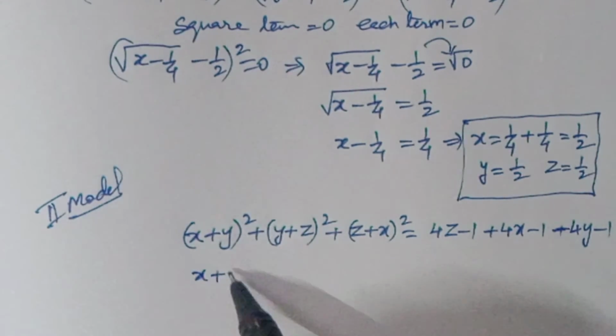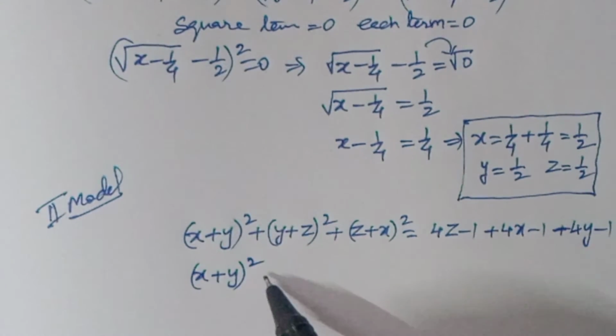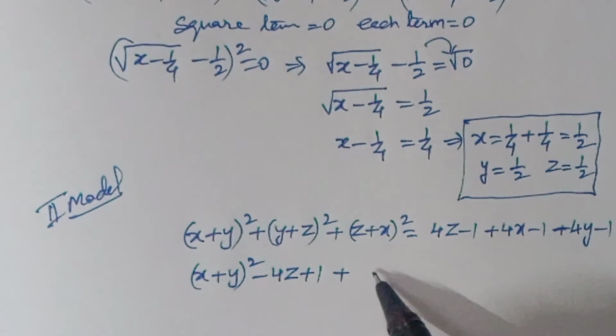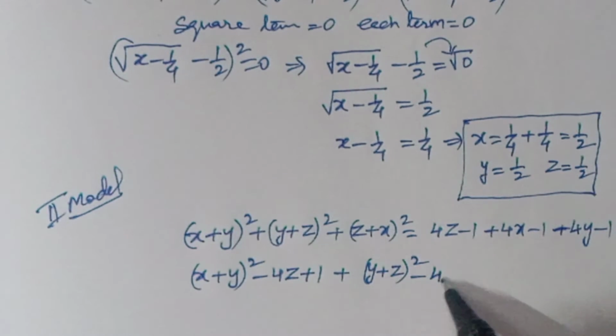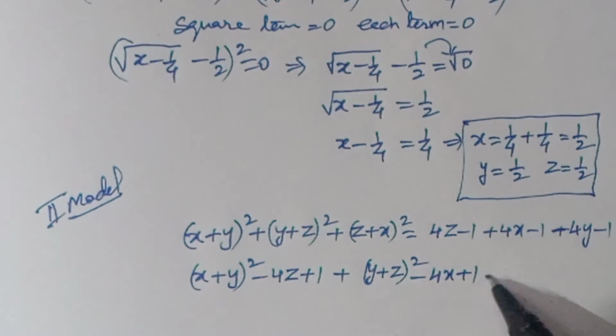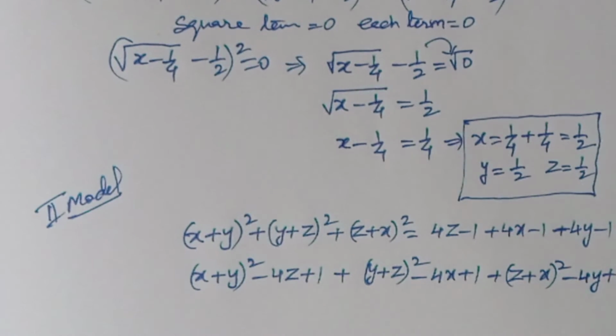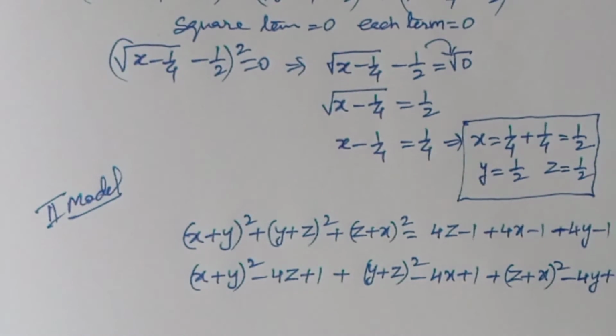So here you can write (x plus y) whole square minus (4z plus 1), (y plus z) whole square minus (4x plus 1), (z plus x) whole square minus (4y plus 1) equal to 0.